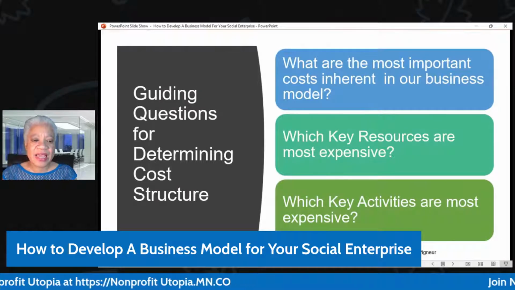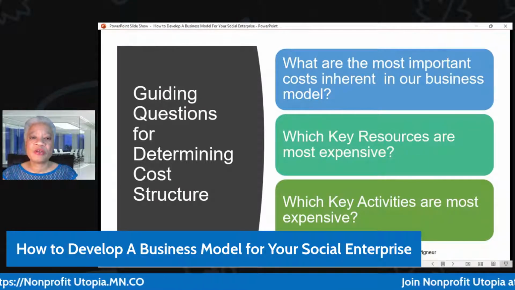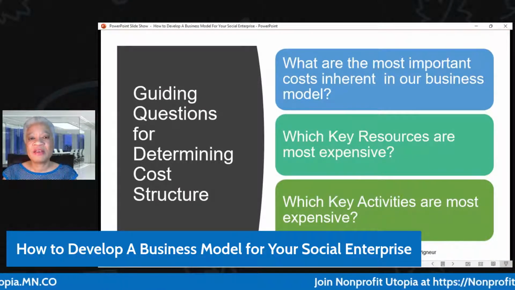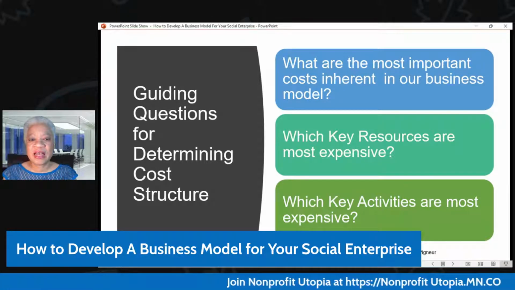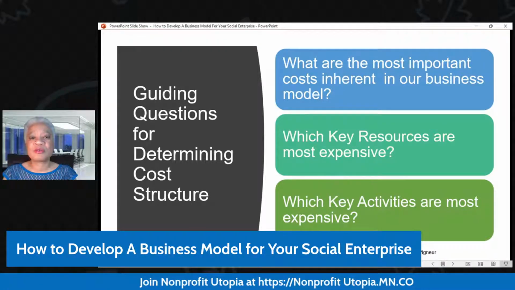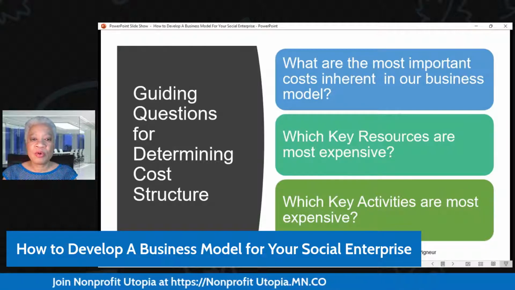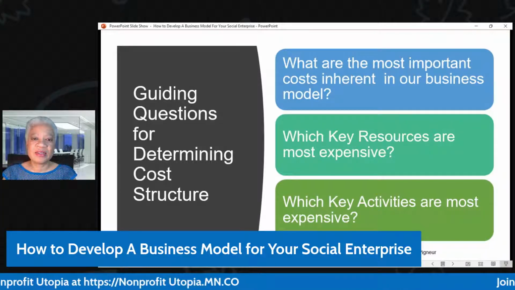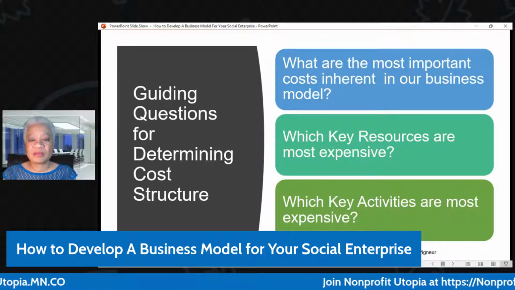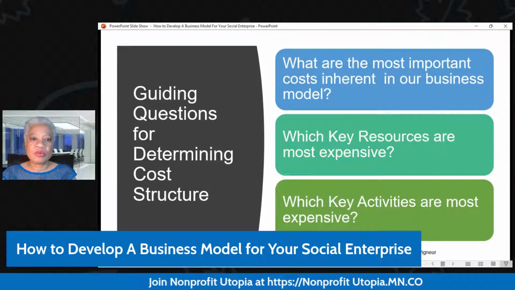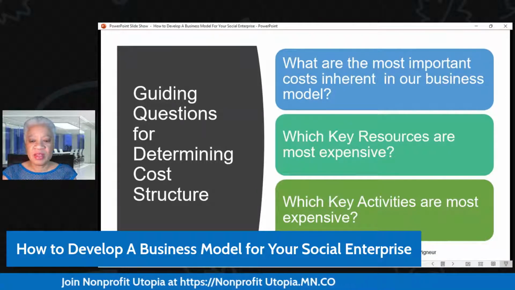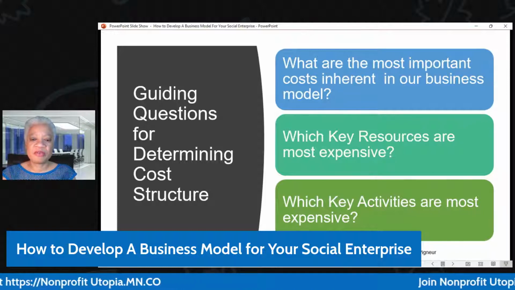And when you look at the guiding questions for determining your cost structure, you're going to first look at those things that obviously cost the most and are the most important in your ability to actually deliver goods and services that your clients will actually value. Which resources are most expensive, and which ones are actually going to give you the biggest bang for your buck?